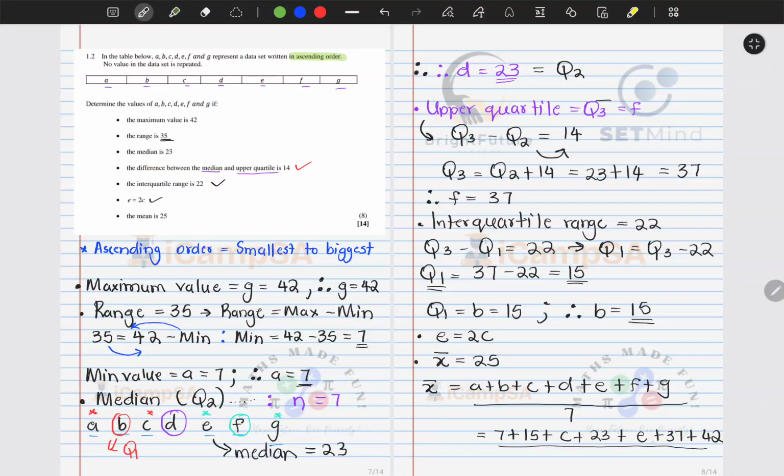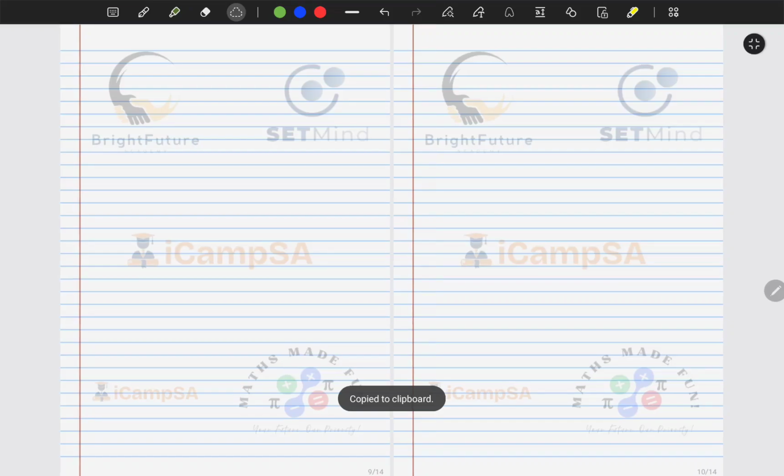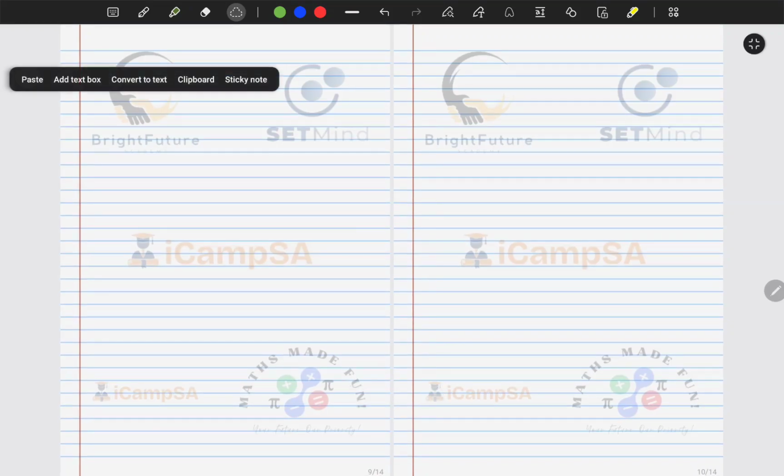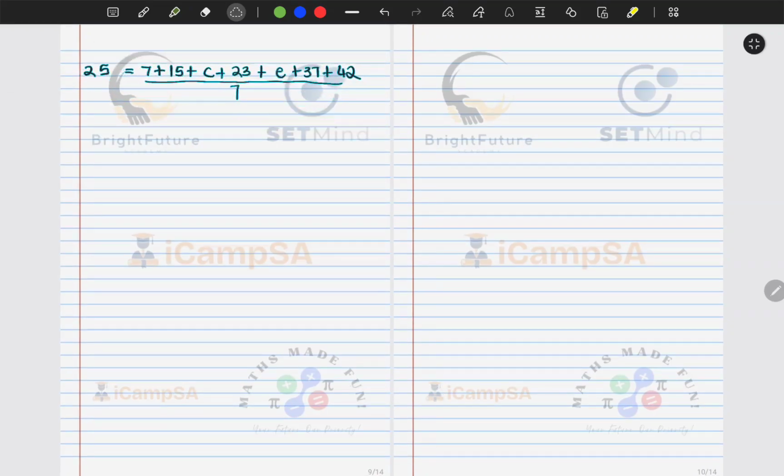And all of this will be divided by 7, and this will be equal to 25. So let's copy this and go to the next page and see how best we can simplify it. So let's copy and paste here.